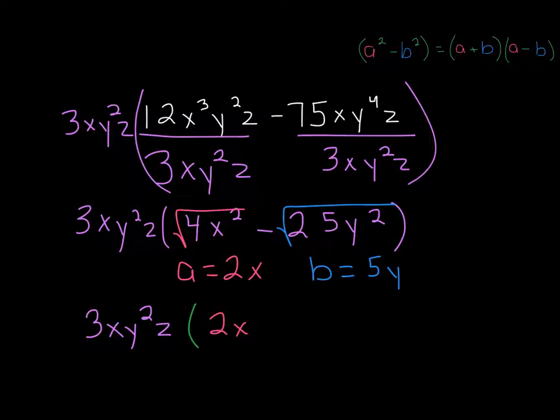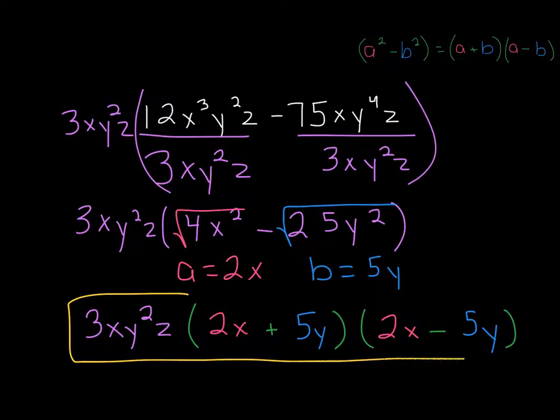So 2x plus 5y and 2x minus 5y. And that is our answer.